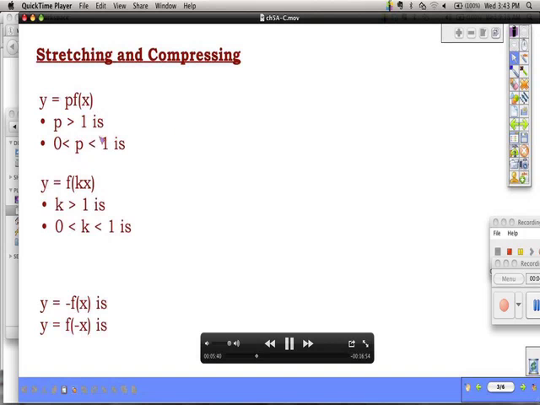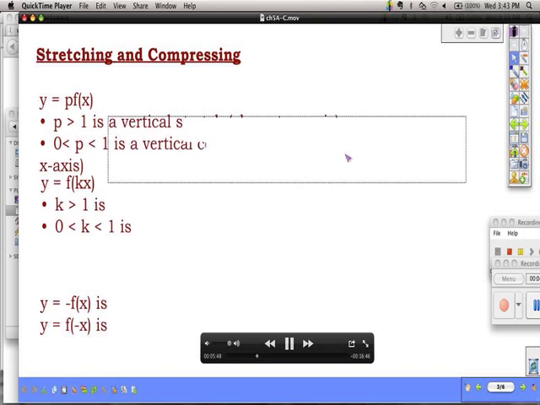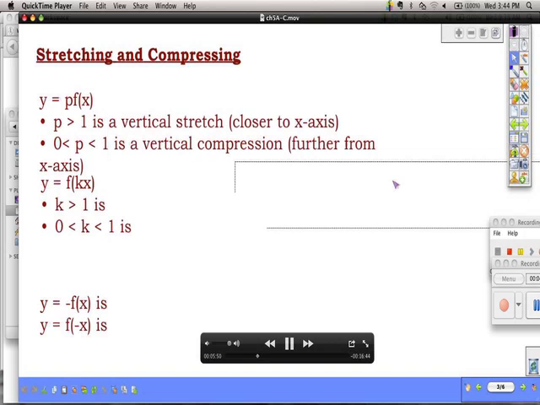We're grabbing the two ends of that parabola, or whatever graph it is, and pulling up and down. If p is between 0 and 1, what we're looking at is a vertical compression. And we can think of that as if we press down on the top of a parabola, it sort of moves closer to the x-axis.